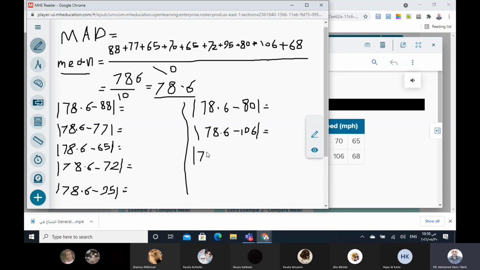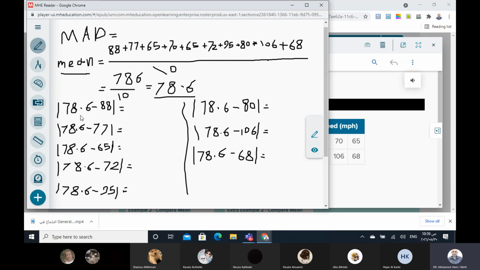Then 78.6 minus 68. This is the distance between the mean and each value. So we can calculate now.